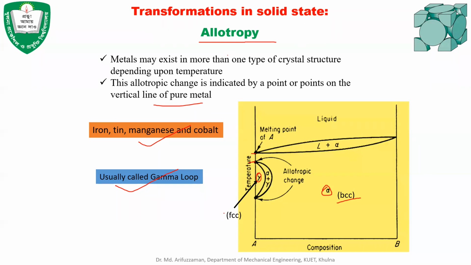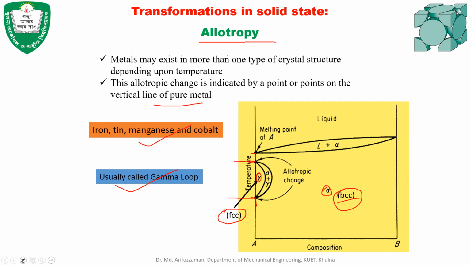Okay, and then gamma will have a face centered cubic structure. When the temperature drops below this temperature, it again goes back to body centered cubic structure. So it is a temporary structure. The temporary structure of FCC is produced between these two temperatures. Okay, and this is called the gamma loop. That means it is a closed loop, and sometimes it can also be an open loop.